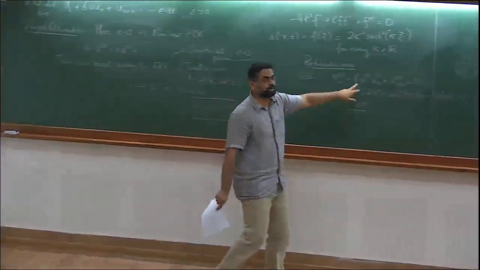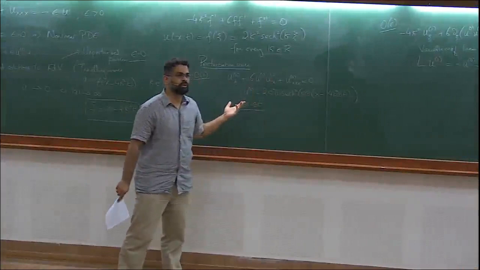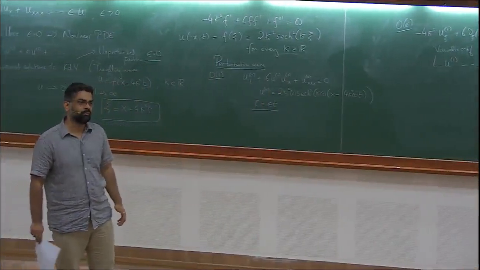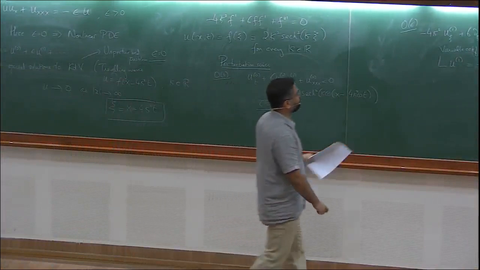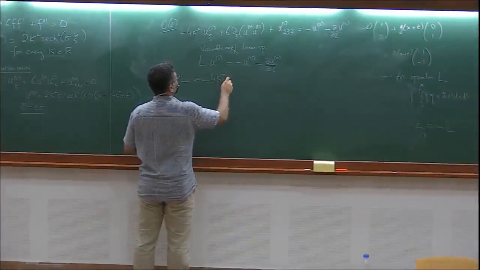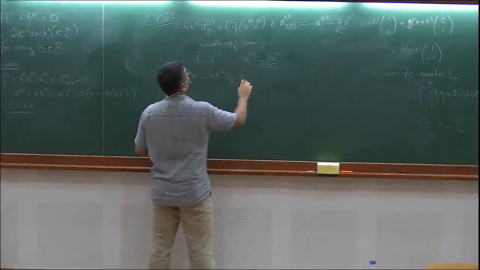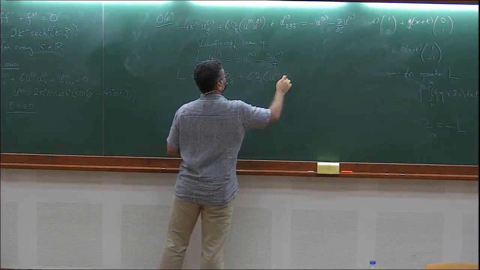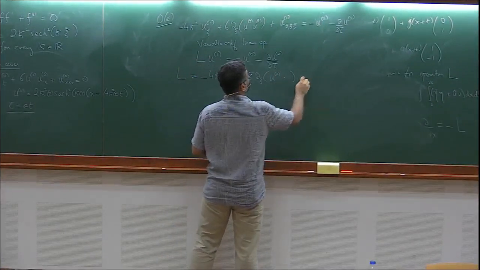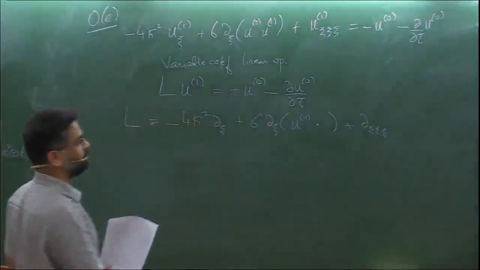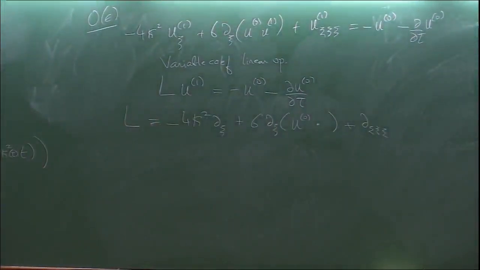I could have had a different power here, or different sorts of derivatives. The logic is the same. So what is the linear operator L? It's minus 4 kappa squared d/dxi plus 6 d/dxi u0 plus d/dxi cubed.